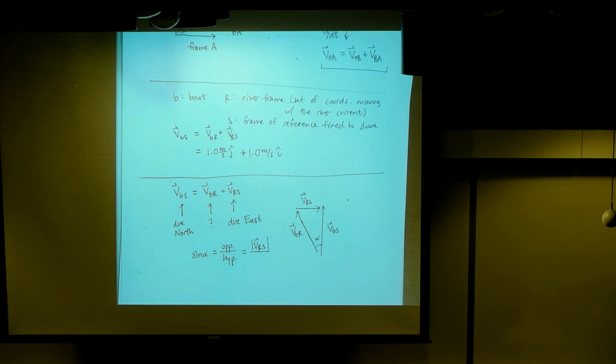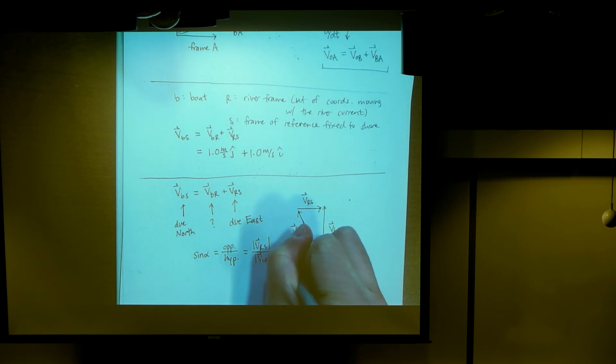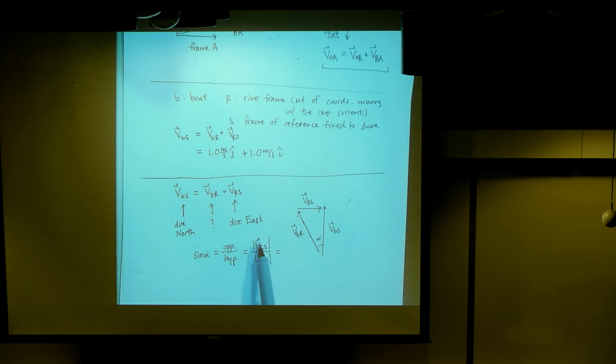And then what's my hypotenuse? VBR, okay? Magnitude of that vector. Now, without getting lost in the symbols, what number do we assign to the one on top?